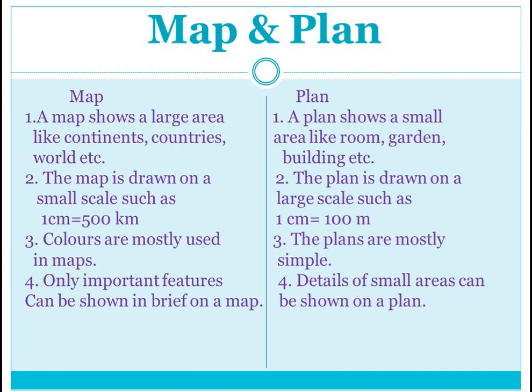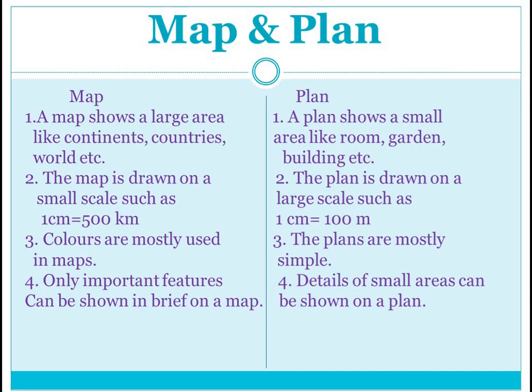But in a plan, as we are taking a small area, details of small areas can be shown. Small area is there to show, so we can easily show that particular area with great detail. So these are some differences between map and plan.